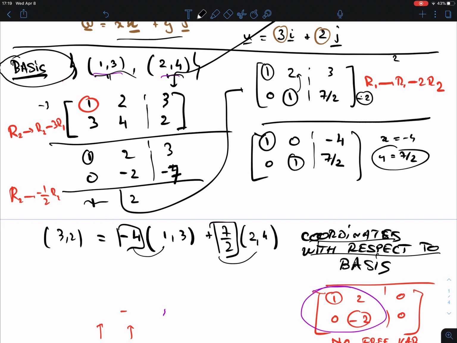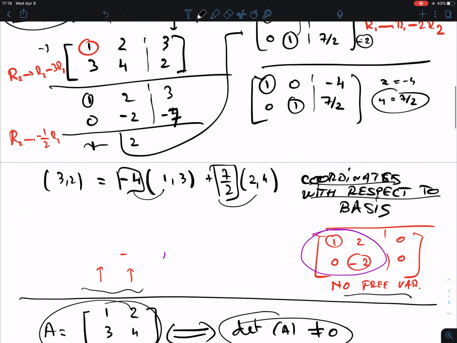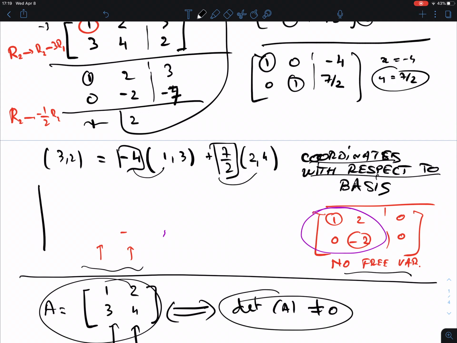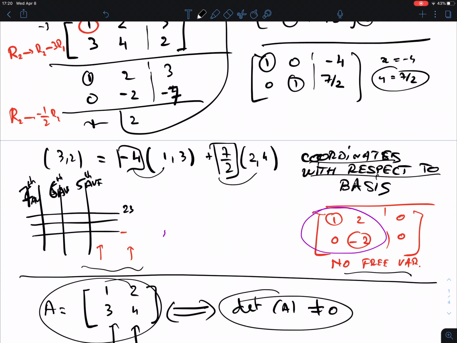If you look at the grid, you have here 7th, 6th, and 5th Avenue, and then you have all the cross streets: 23rd Street, 22nd Street, 21st Street, and so on.